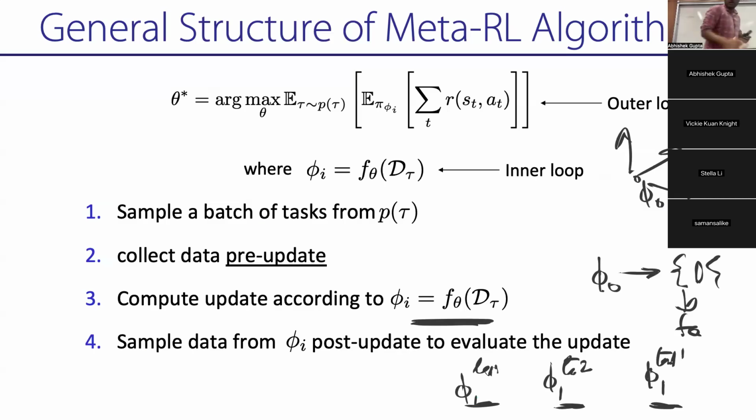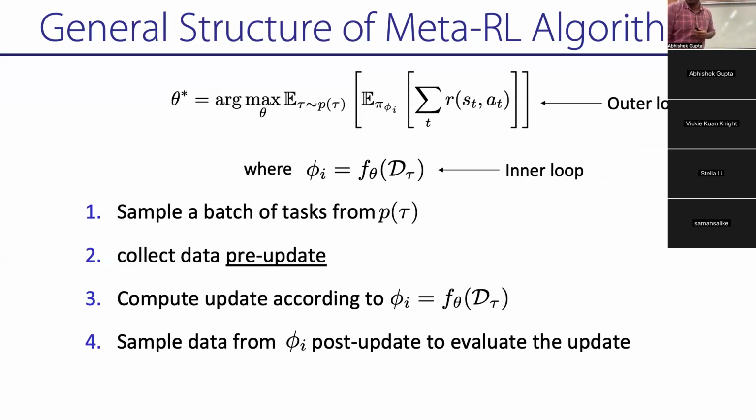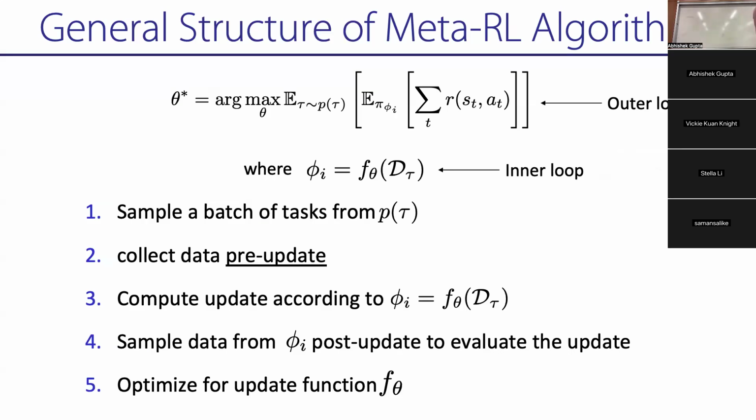So the general scheme is: sample a batch of tasks, collect data from phi naught, your data pre-update, perform your update according to f theta, then collect data post-update to see how good your updates were. Then you use that to update f theta. You do this in batch over many different tasks, but remember, you share the same f theta across all.